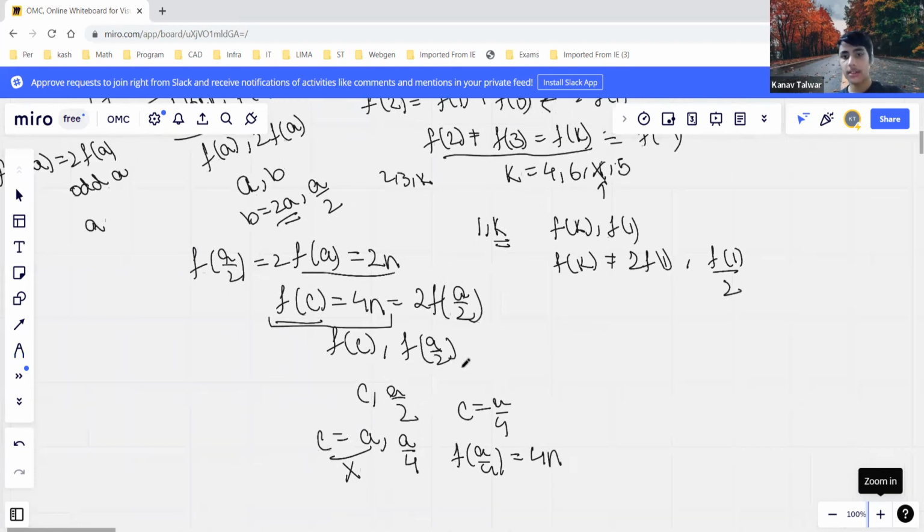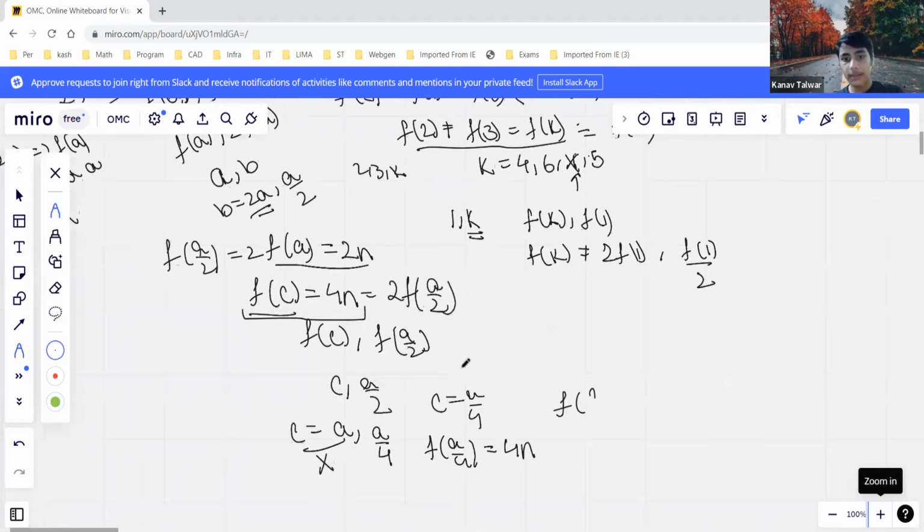But then we can do this again. That is, we can actually go to f of A by 8 being equal to 8n and so on. But this cannot continue indefinitely, right? Just because, as you first said, for odd A we'll just stop at A by 2. So if A is equal to twice an odd number, we will stop at A by 4 too, right? Yep.